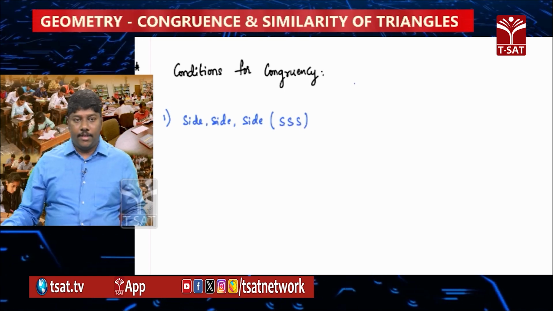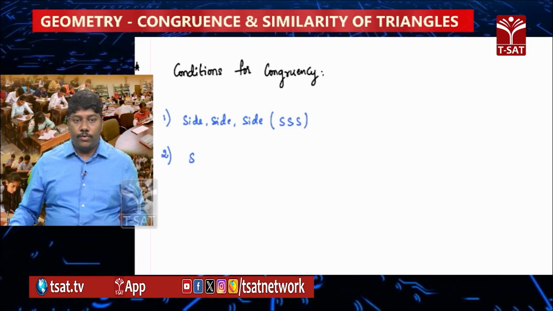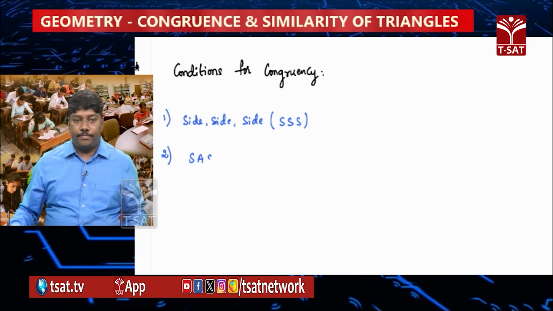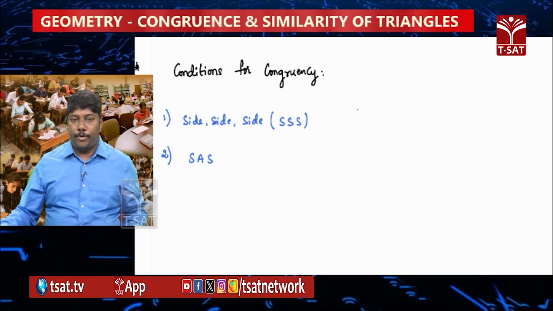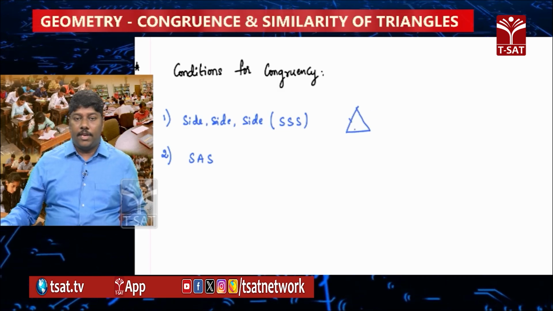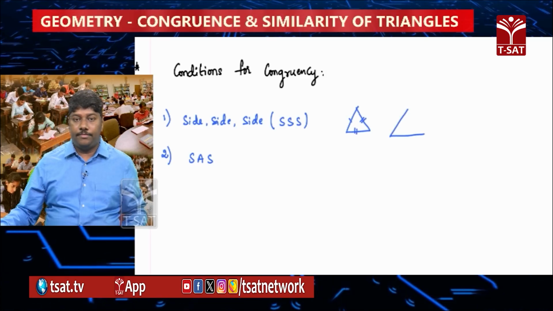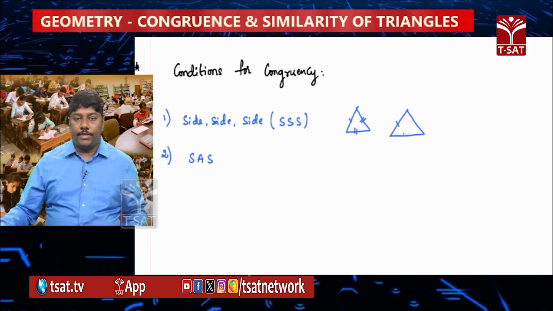Then you say they are congruent triangles. Second, two sides and the corresponding angle. The first one, if you know that the three sides of one triangle are equal to the three sides of another triangle, we say that it is congruent.